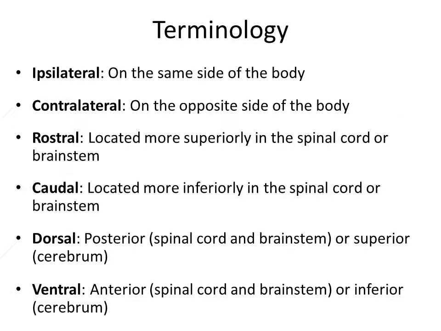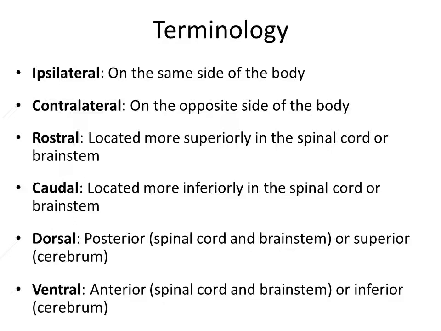Other terms, some of which you're familiar with and some of which are new to you. Ipsilateral is on the same side of the body and contralateral is on the opposite side of the body. Those terms you should already know from anatomy. But these next two may be new. Rostral and caudal. Rostral and caudal are frequently used when discussing the spinal cord and the brainstem.